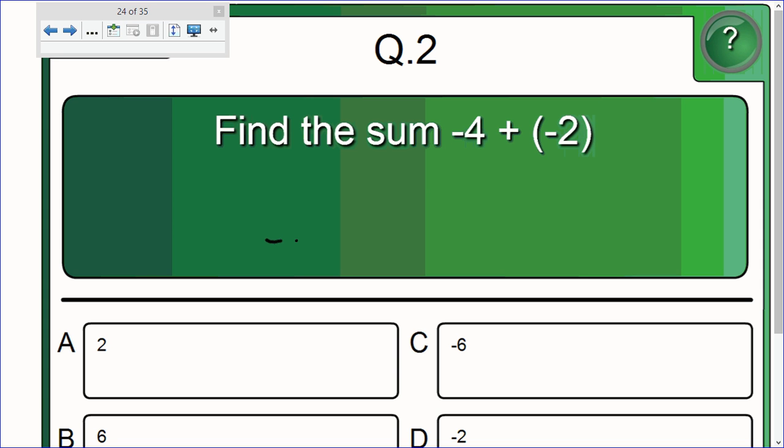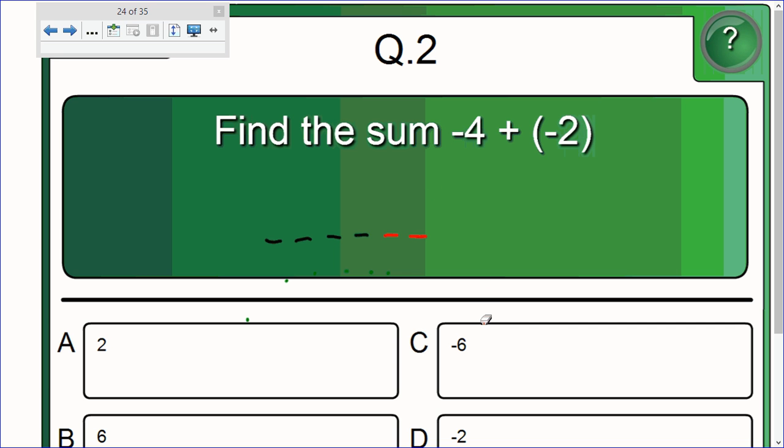Well, I'm going to write 4 little negative signs, and then next to it, I'm going to write 2 more negative signs. So remember, I have 4 negatives there, and I have 2 more negatives. So if I count them all up, 1, 2, 3, 4 black ones and 2 more. That gives me a total of 6 negatives.